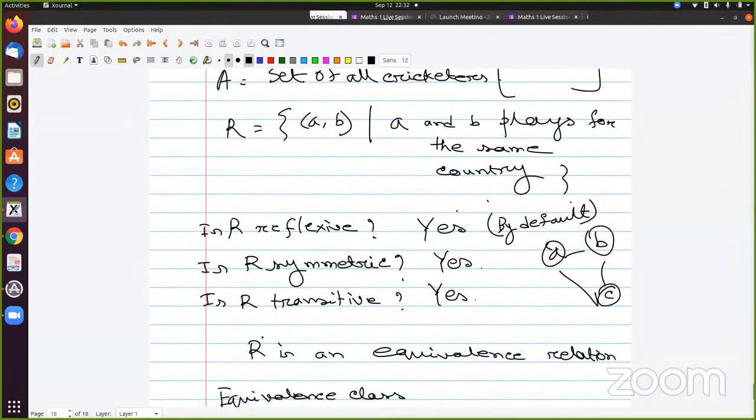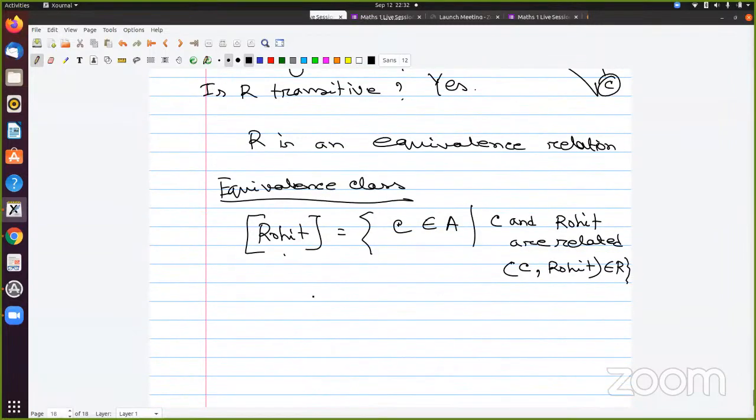The relation was defined as A and B play for the same country. Can you tell me who all these players are? Will Virat Kohli be in this class? Yes, sir.